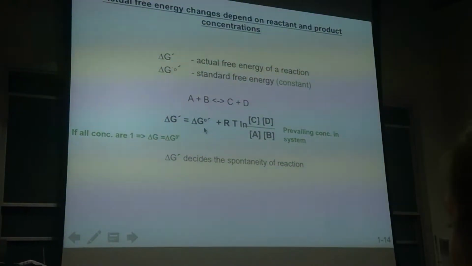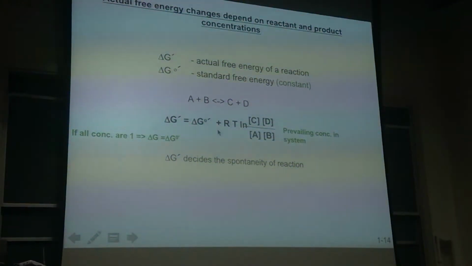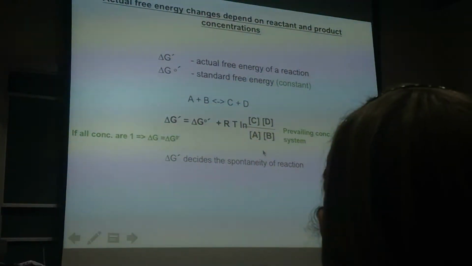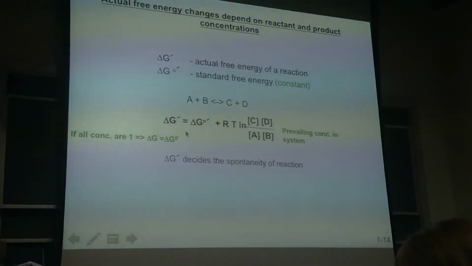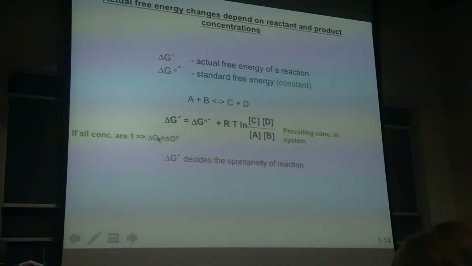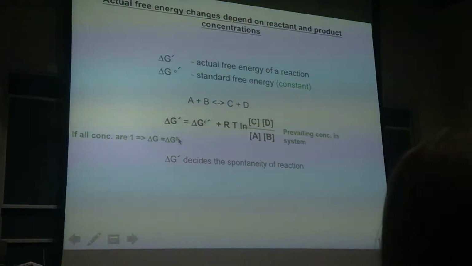We look it up in a book, in a table, plus R times the temperature. So this is a constant, times the temperature in Kelvin, times the natural log of the products over the reactants. And if all the concentrations are 1, then delta G is equal to delta G prime, delta G0.